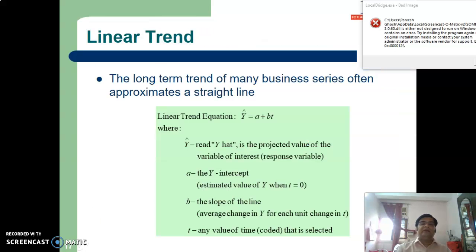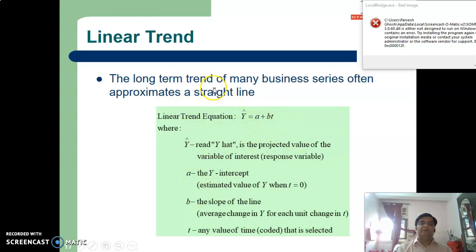Now a little bit on linear trend, as we have learned in the regression line. In the regression line, we deal with two variables, y and x. If you go through this equation, y is a dependent variable and x is an independent variable. Now when we replace the independent variable with time, where t is any time, this equation is called a linear trend equation.